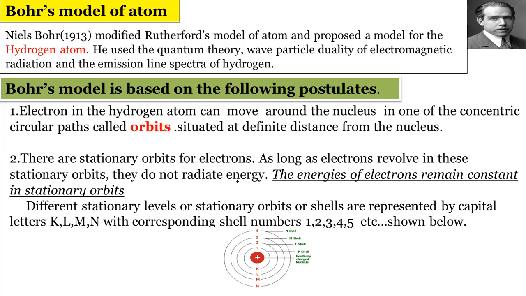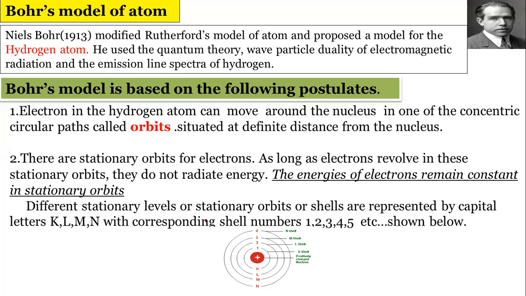Niels Bohr says that as long as electrons revolve in the stationary orbit, they do not radiate energy. The energy of the electron remains constant in the stationary orbits. This is a main postulate of Bohr's theory. Rutherford says that when any charged particle is revolving, it emits radiation and its energy will decrease.